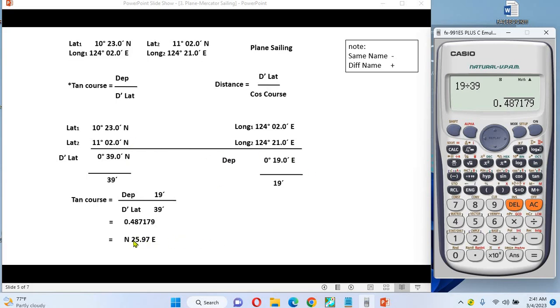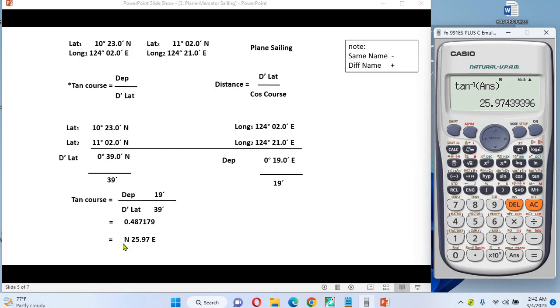So why 25? Because tangent course. So this one equals inverse tangent, answer, and then close parenthesis, equals, so there you go, 25.97. Why again northeast?